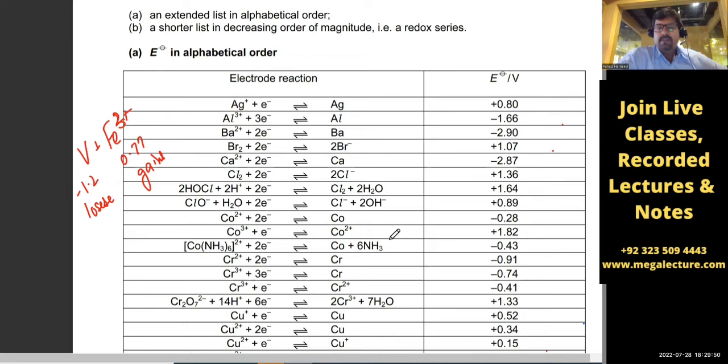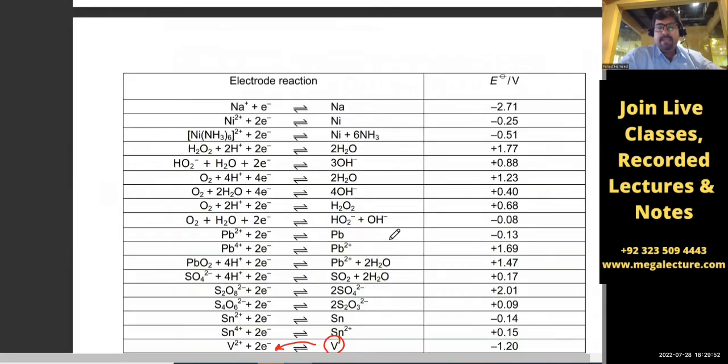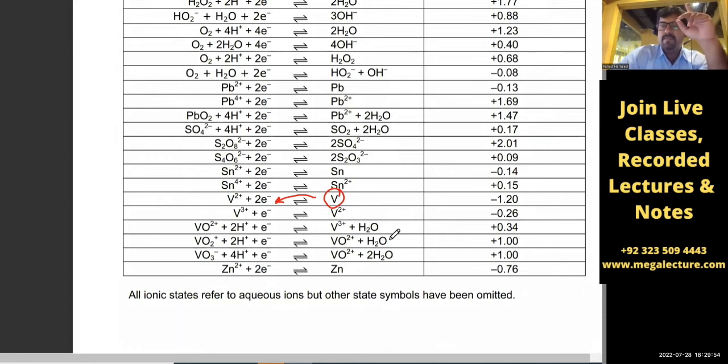So let's look at vanadium. Keep the iron equation in your mind. It's 0.77 volts. I don't want to break it up, it's going to become a very lengthy question. But it is the higher potential, right? If it had not been the higher potential, then it would not have gained electrons.